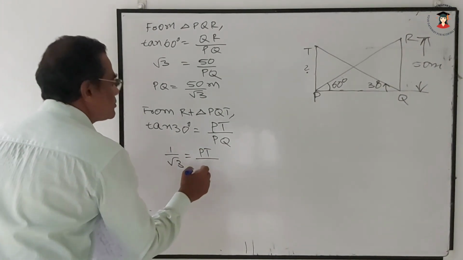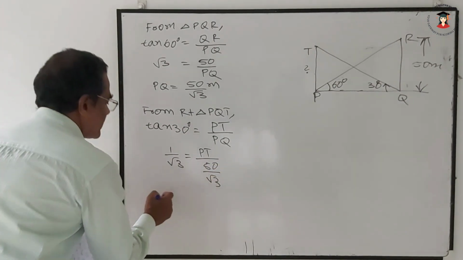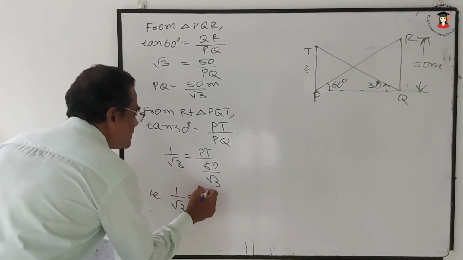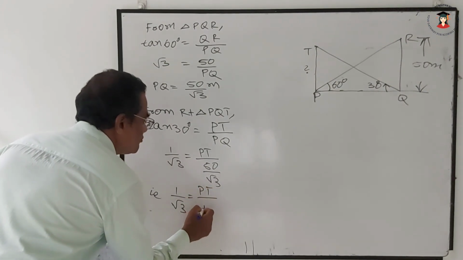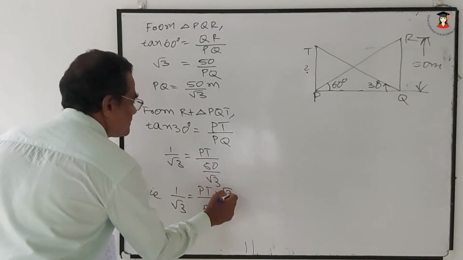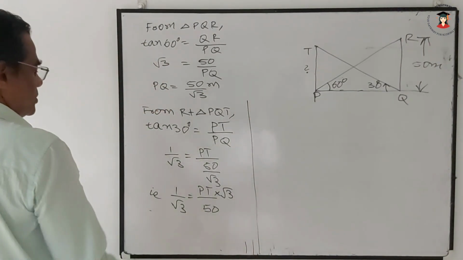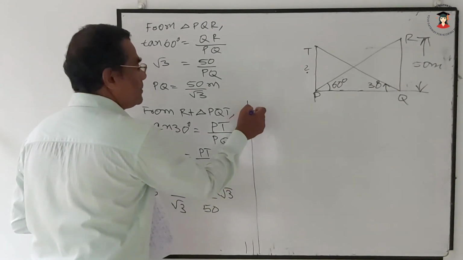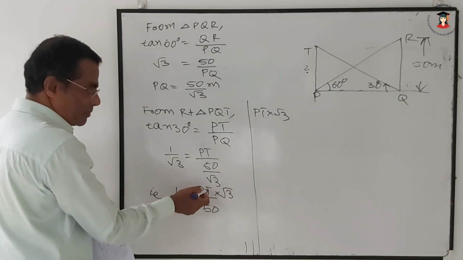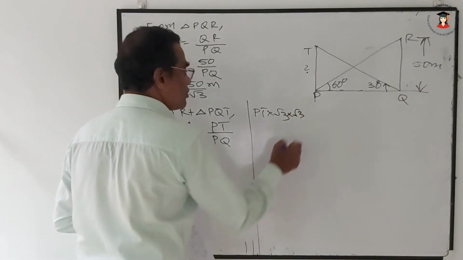PQ we know is 50 divided by √3, so 1 by √3 equal to PT divided by 50 by √3, and this √3 will go to the numerator. Cross multiplication will give PT into √3 into √3 equal to 1 into 50.